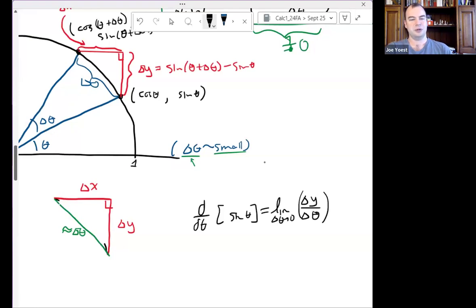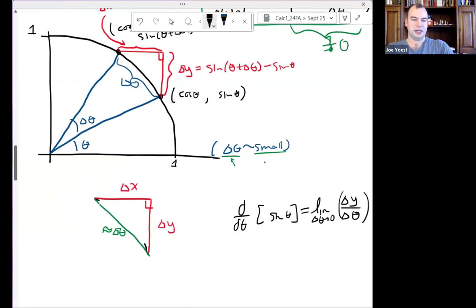So I've reinterpreted this geometrically, and now I kind of know what delta y and delta theta are geometrically. Okay, what else do I know?